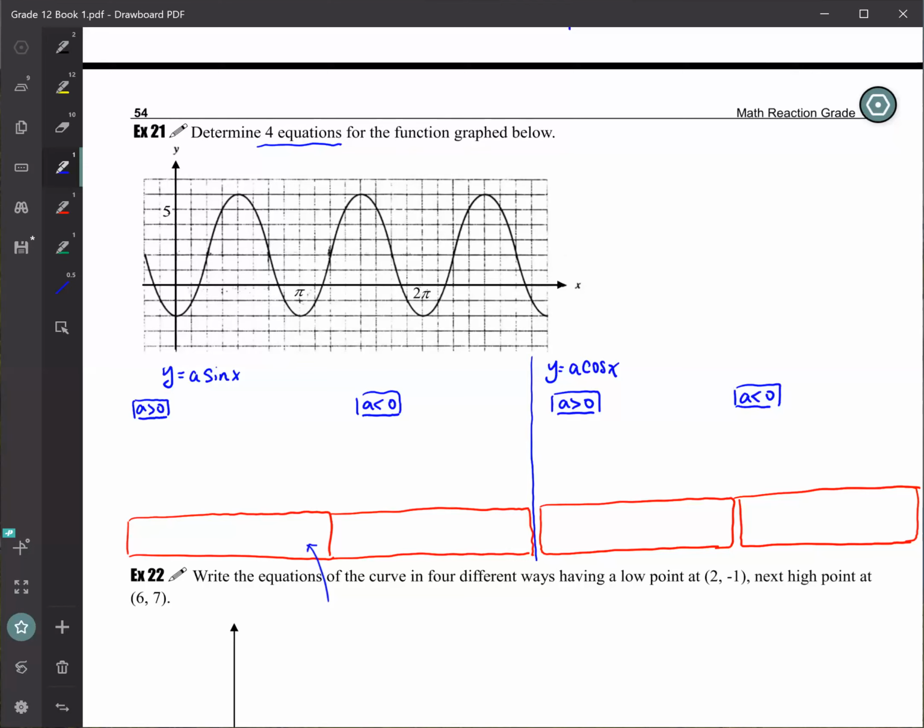Samantha, Tiana, Trudy, any questions? How to get the first equation?